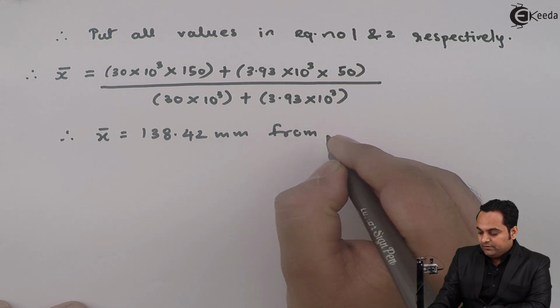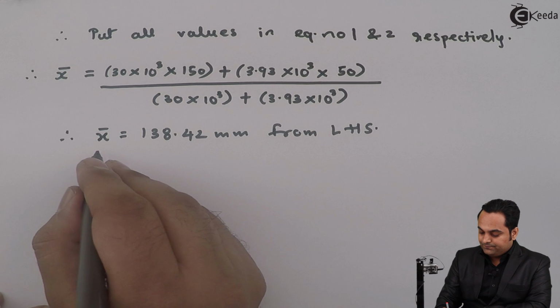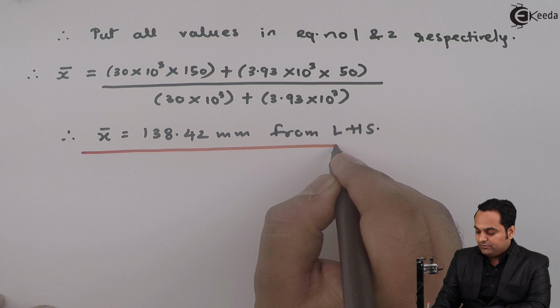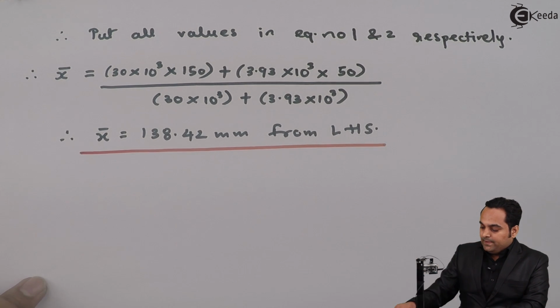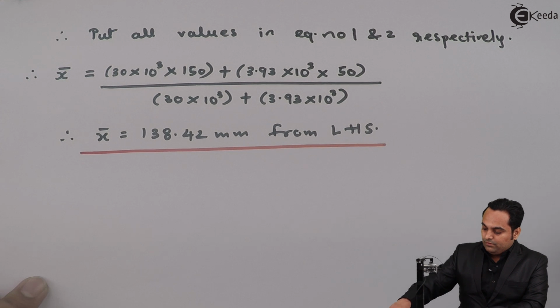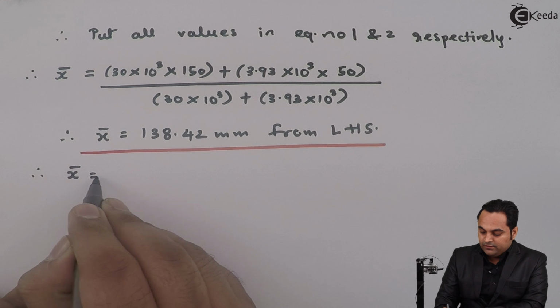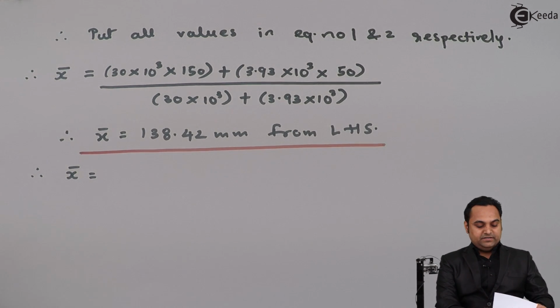from left hand side, because this was our reference. We were taking the distances x from the y-axis, which was located at left hand side. Next, therefore x bar, I have got the value from left hand side. Now I want the value from right hand side.